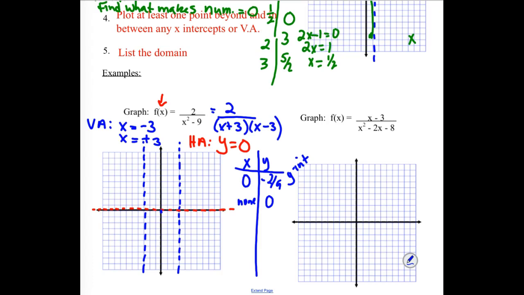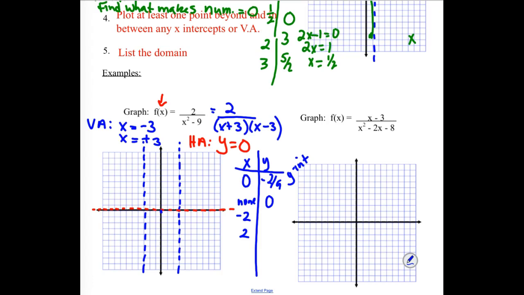And since I know I don't have any x-intercepts, I'm never going to cross that horizontal line. I can predict that there's a branch down in this bottom middle section. Does that make sense? Probably kind of an upside down U-shaped looking thing because it has to approach the 2 vertical asymptotes. Let's find a couple more points. So let's do negative 2 and positive 2.